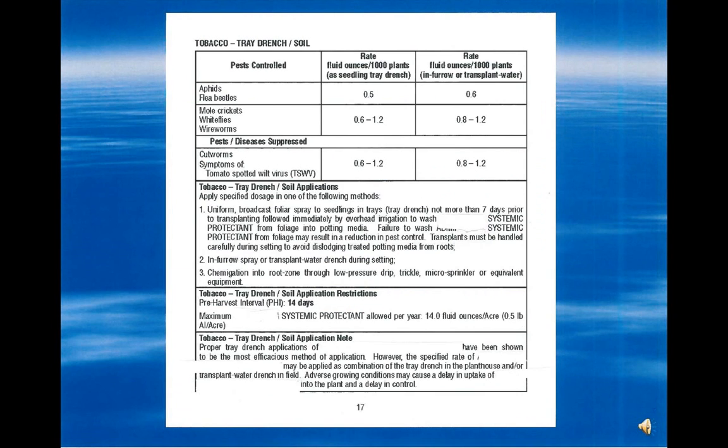In the greenhouse section of the label, only one rate is given, 0.5 fluid ounces per 1,000 plants. It also states that seedlings must not be treated more than 7 days prior to transplanting to assure effectiveness of the chemical treatment.